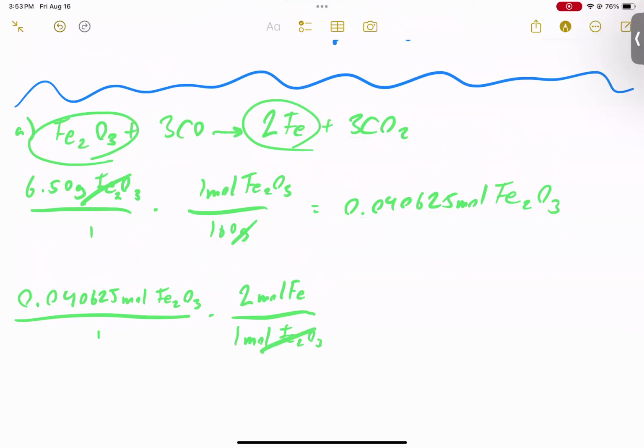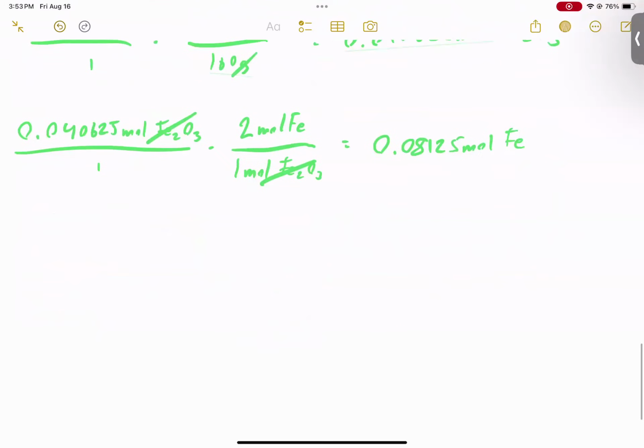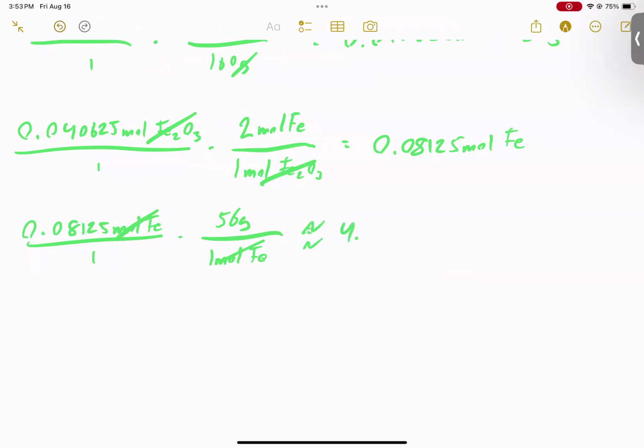And the moles of iron(III) oxide will cancel out to give us 0.08125 moles of iron. Well, what is that value in grams? 0.08125 moles of Fe. Well, 1 mole of Fe has 56 grams. Moles of Fe cancel. It gives us around 4.55 grams Fe. So this is the theoretical yield.